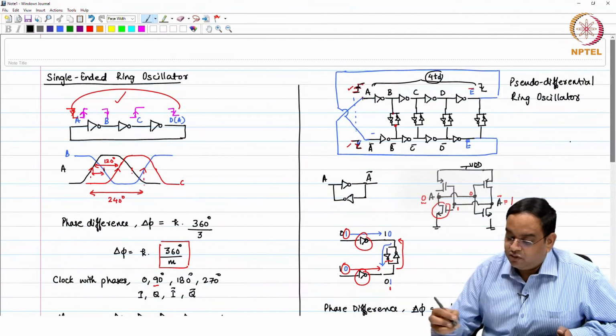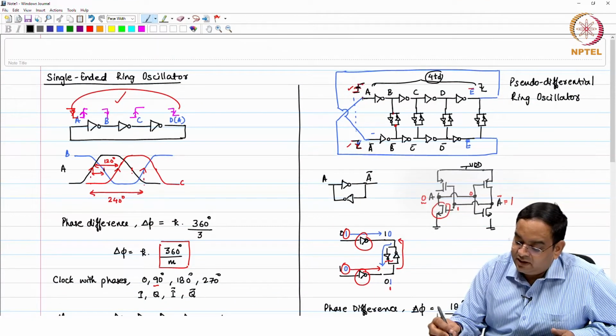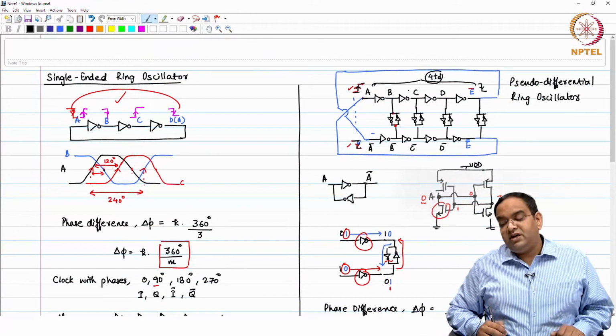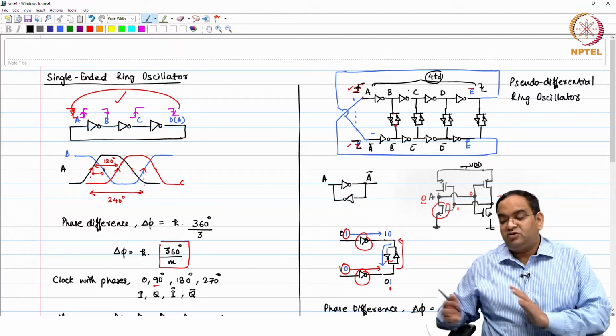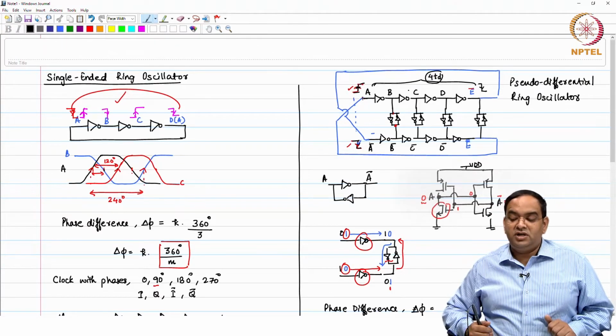So, from phase A, the phase difference is going to be 45 degree, plus or minus, and then you will have a 180 degree phase.